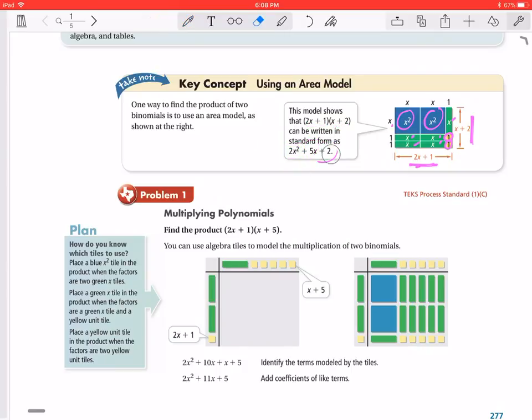So we've taken the product of the two binomials and got 2x squared plus 5x plus 2. This is a quadratic trinomial. We learned about quadratic, linear, cubic, monomial and constants in one of the last videos, on 7-1.